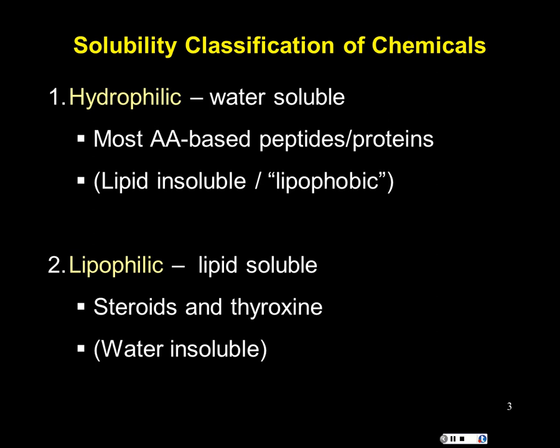No. So now we have to take into consideration, if something's lipid-soluble, how does it get out of the cell, versus if something's protein or water-soluble, how does it get out of the cell? So we've got to add all these features about it.